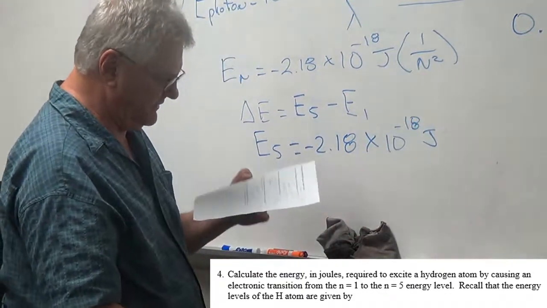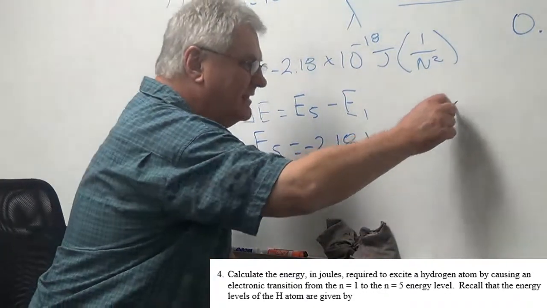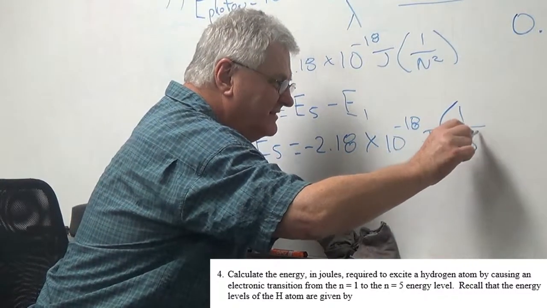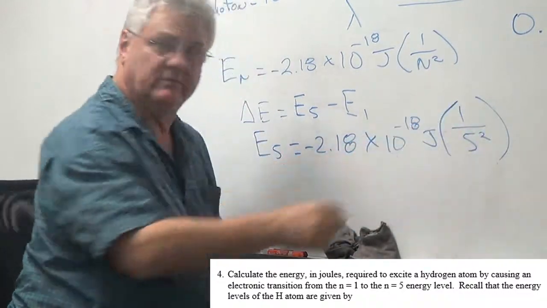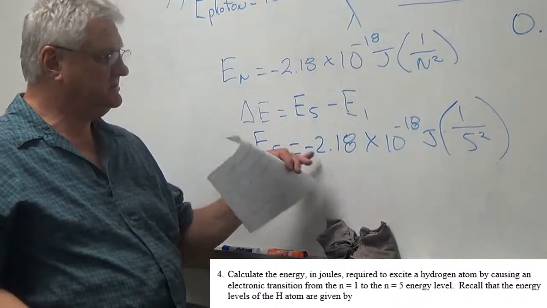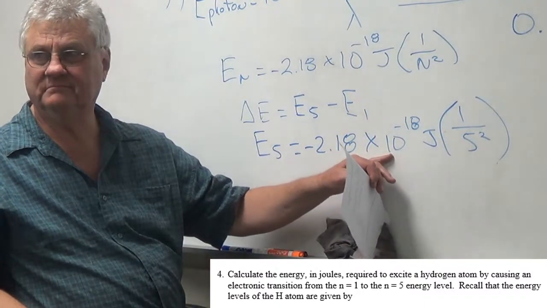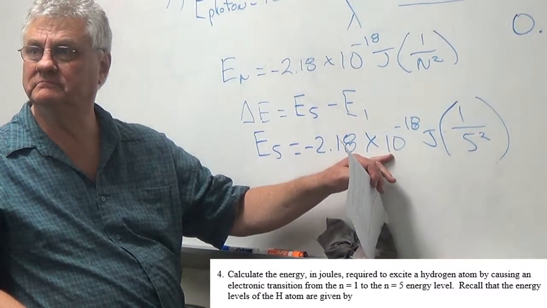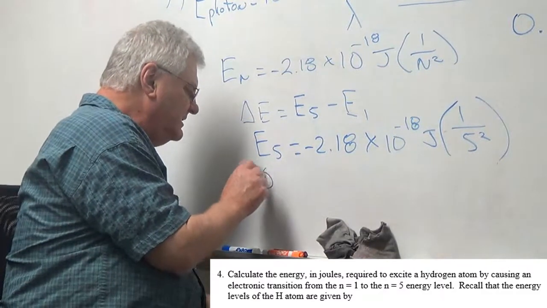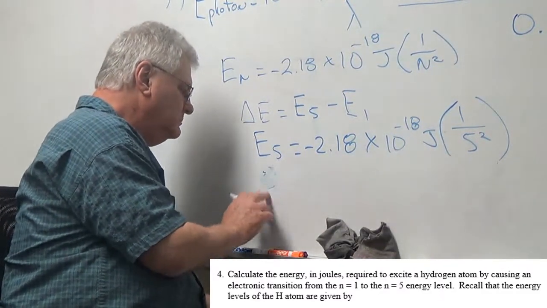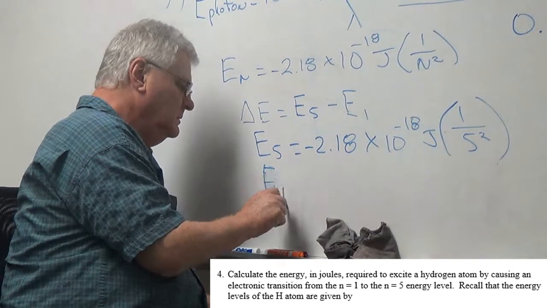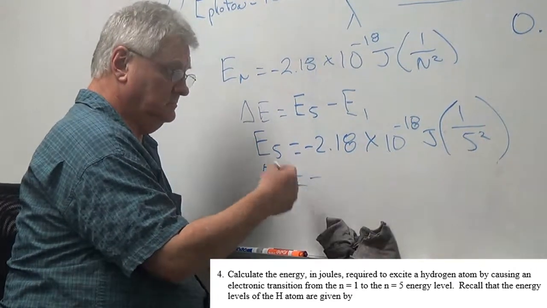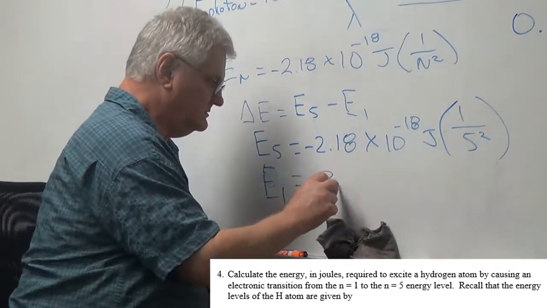And of course, it's in the 5th energy level, so we have to multiply that times 1 over 5 squared, don't we? Or 1 over 25. In other words, we just take this divided by 25. Right? And then the first energy level is equal to the same -1 times the Rydberg constant here.